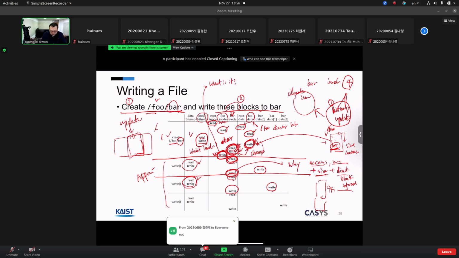No, right? Because this is an existing file, so no newly allocated block is created. So in the case of updates, the bitmap read and write operations do not happen.